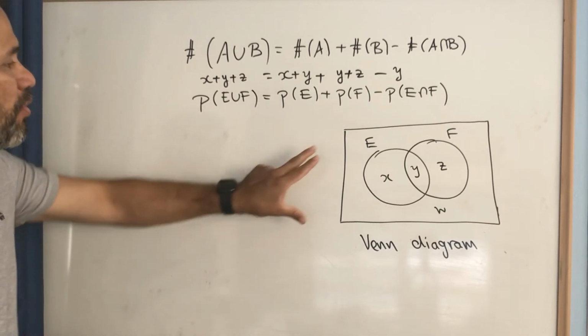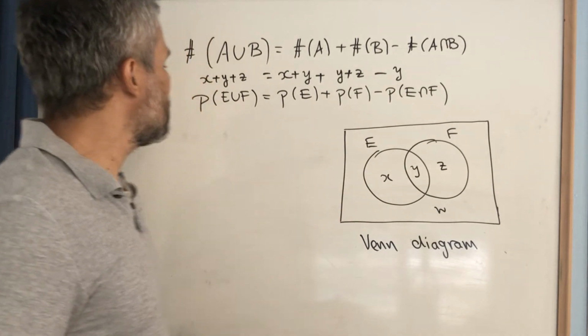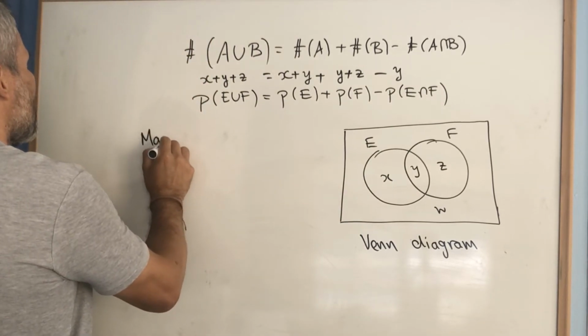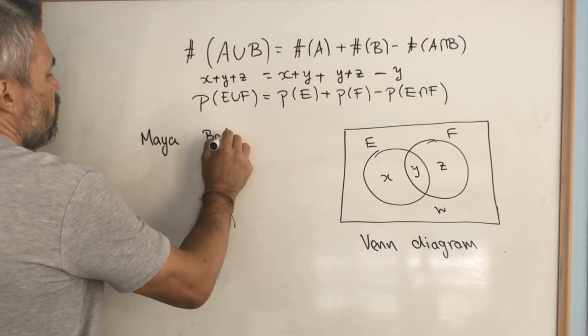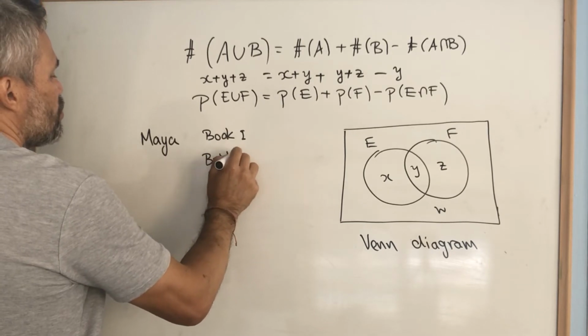Let's do an example that shows how this Venn diagram could be useful. Let's suppose that we have that Maya has two books, let's say book 1 and book 2.